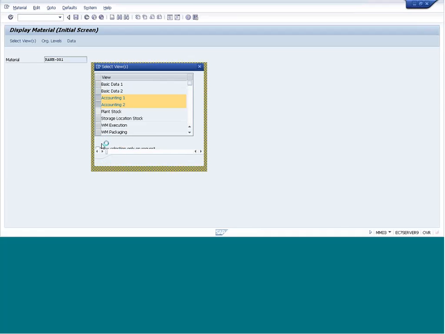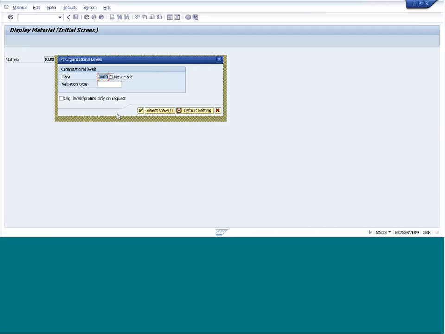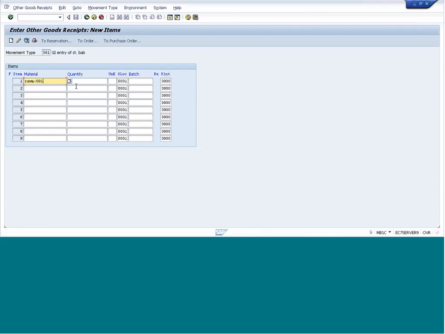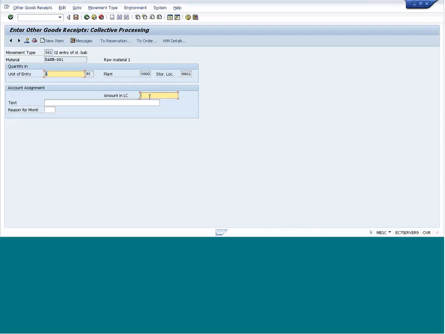Okay. So now, as you were mentioning, let's MB1C again. Let us bring one more quantity of 561 movement type. This time, let's give 1 quantity only, just for simplification. And this time we are giving $150. So remember, 150 plus 75. How much is that?